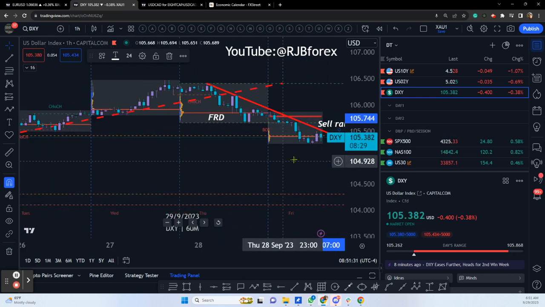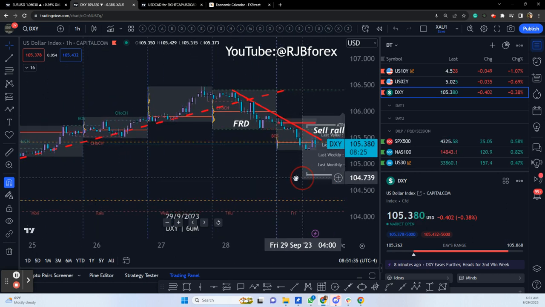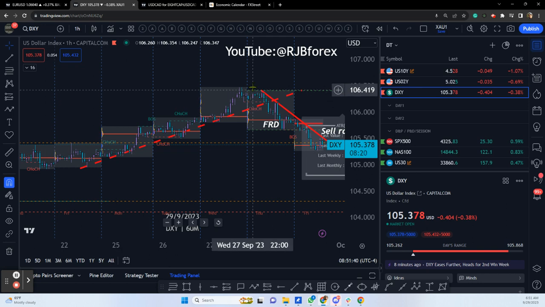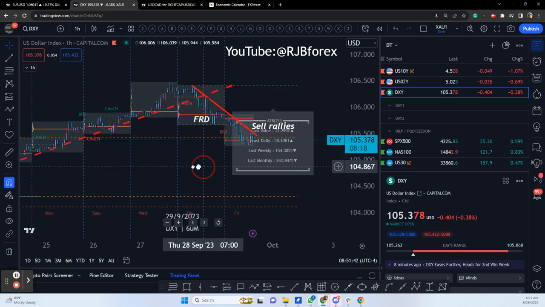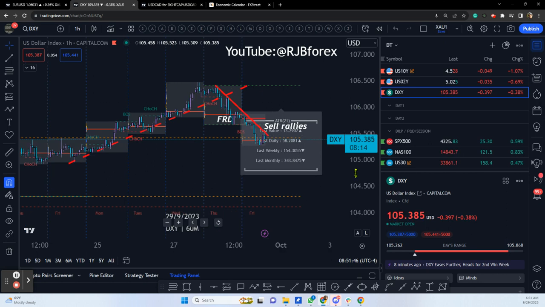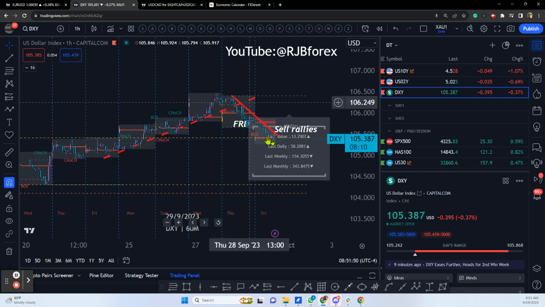So we're back into that range. And as I've been trying to drill in, markets do a number of things. They do three things, and one of which they break out, they pull back. So we've broken out of that range, we've pulled back into it, and we're looking for it to potentially fail.